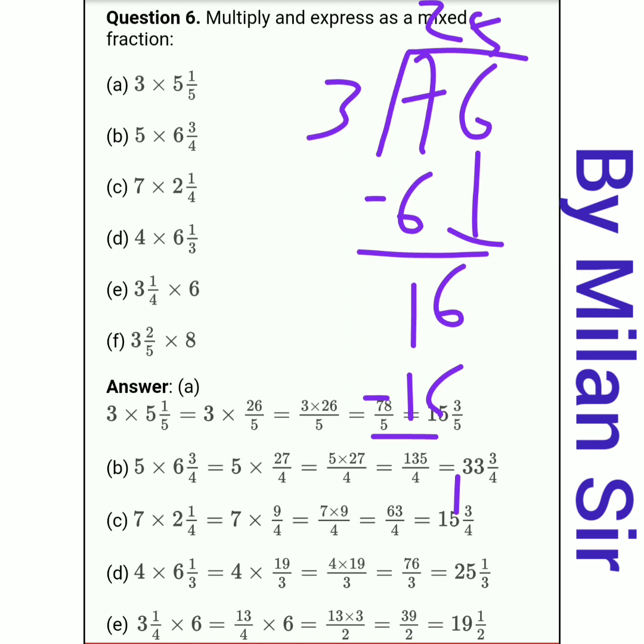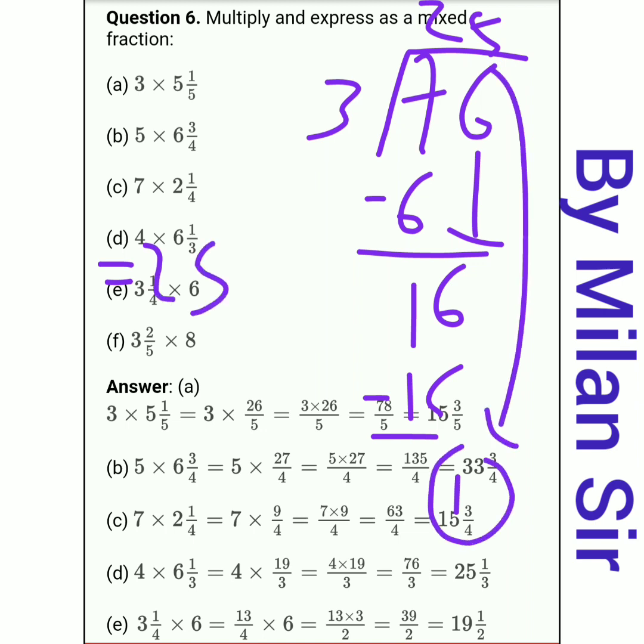Okay, so the integer part is 25. So 25 integer, this remainder 1 upon this denominator 3. Okay, so 25 integer 1 upon 3. Okay, this is our final answer, 25 integer 1 upon 3.